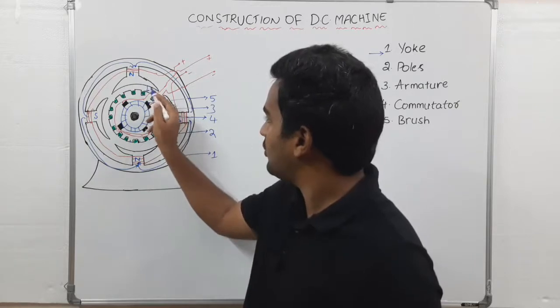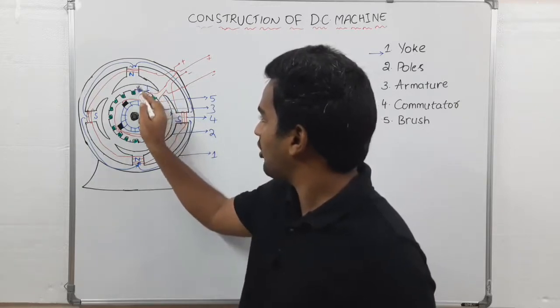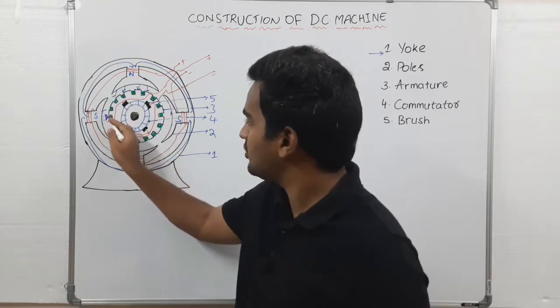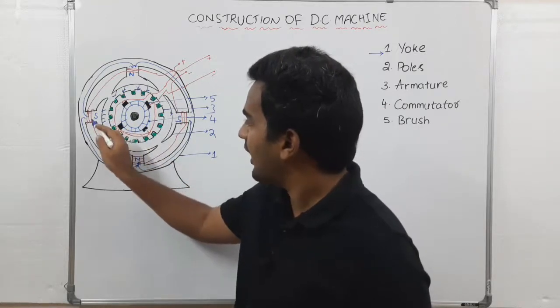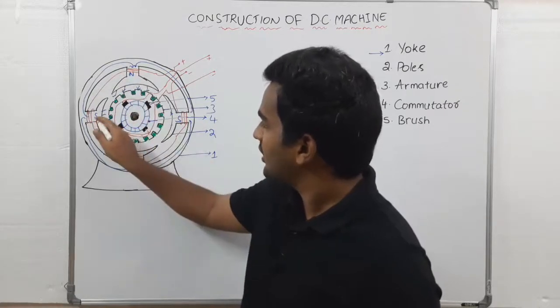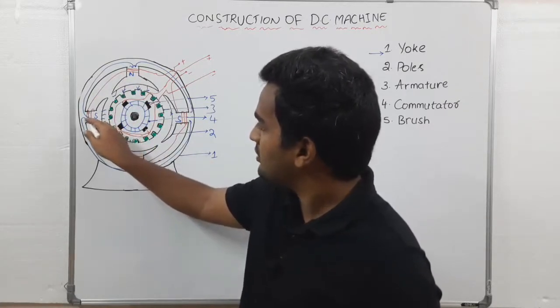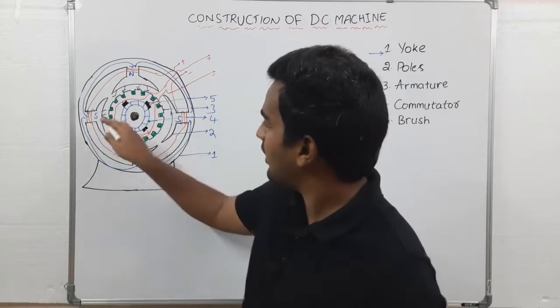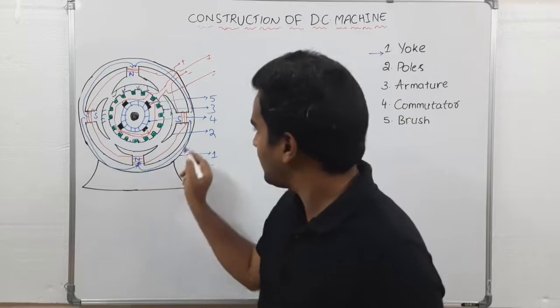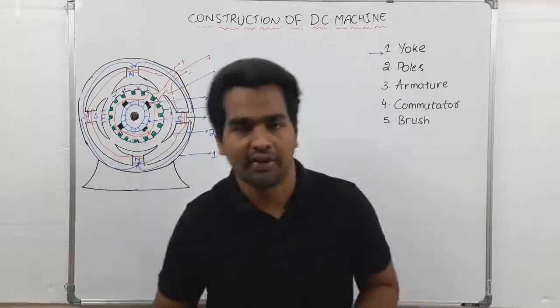From the north pole, flux lines come out of the poles and go into the south poles. Inside this magnetic circuit, flux lines pass through this yoke and go to the north pole. It provides a return path to the magnetic flux lines.